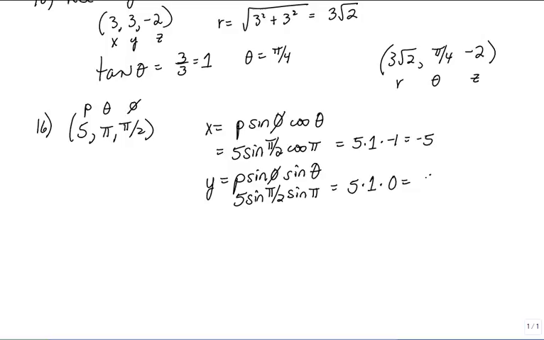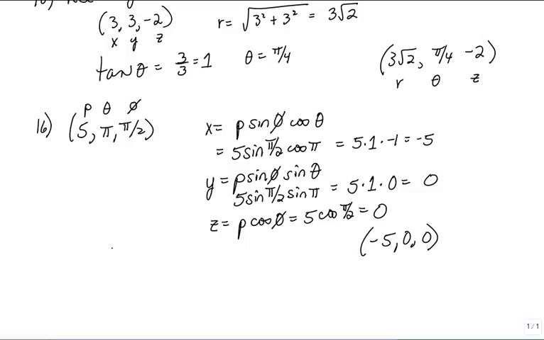Sine pi is 0, so y turns out to be 0. And z is rho cosine phi, which is 5 cosine pi over 2, which is 0. So this changes to negative 5, 0, 0.